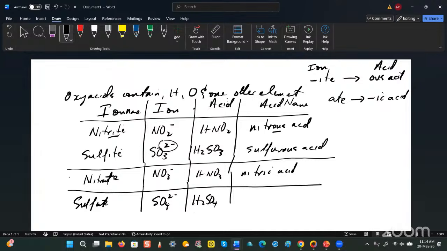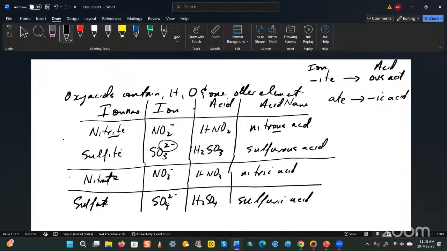And in this case, the name of the corresponding acid would be sulfuric acid, all right? So basically, if the ending of the anion ends with ATE, then the corresponding acid name ending would be ic acid. If the end of the name of the corresponding ions end with ITE, then the name of the corresponding acid will end with OUS acid.